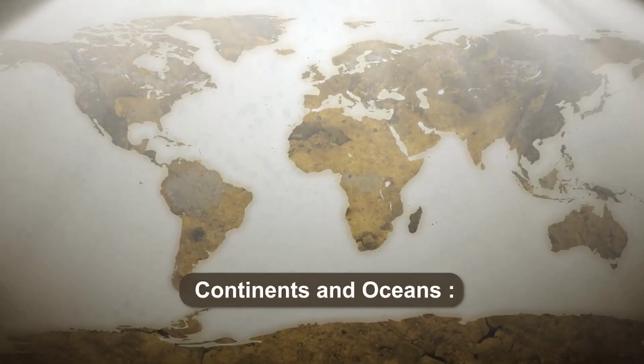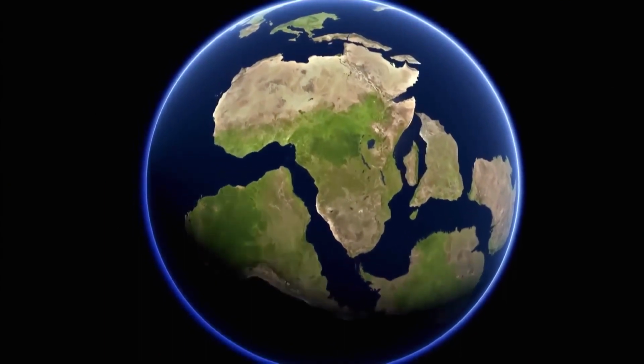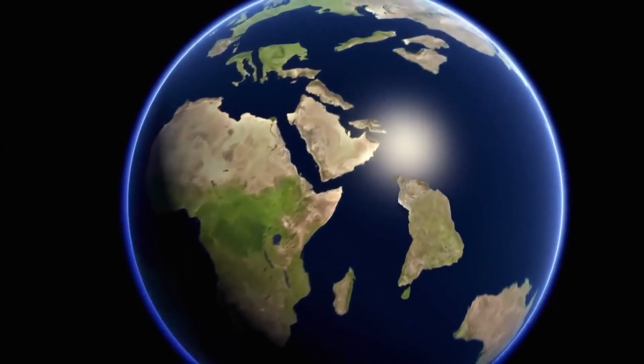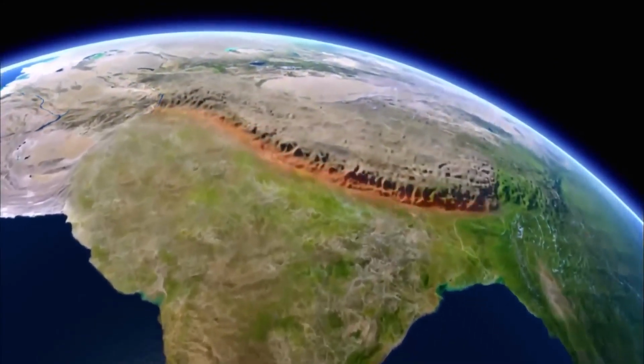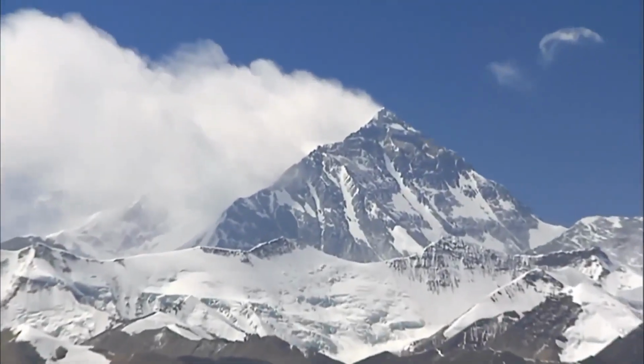Continents and oceans. Over millions of years, Earth's crust underwent processes such as plate tectonics and volcanic activity, resulting in the formation of continents and oceans as we see them today.